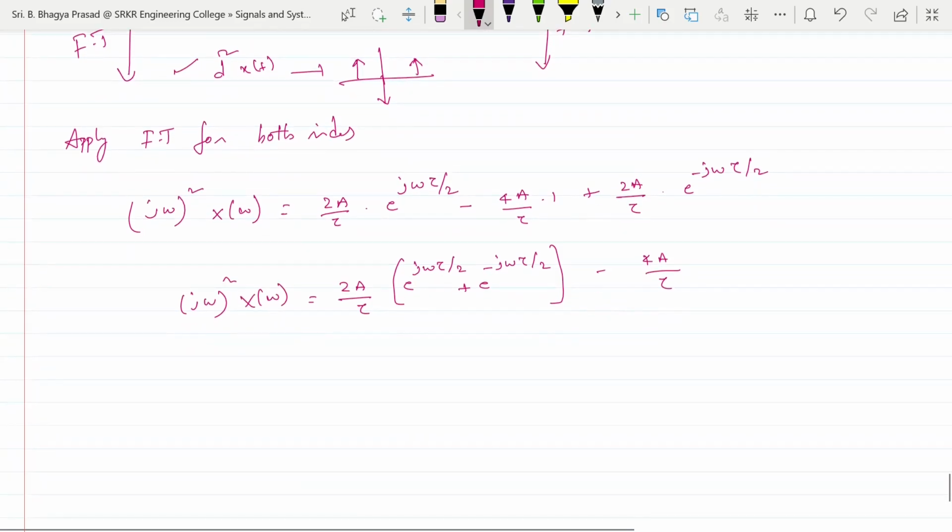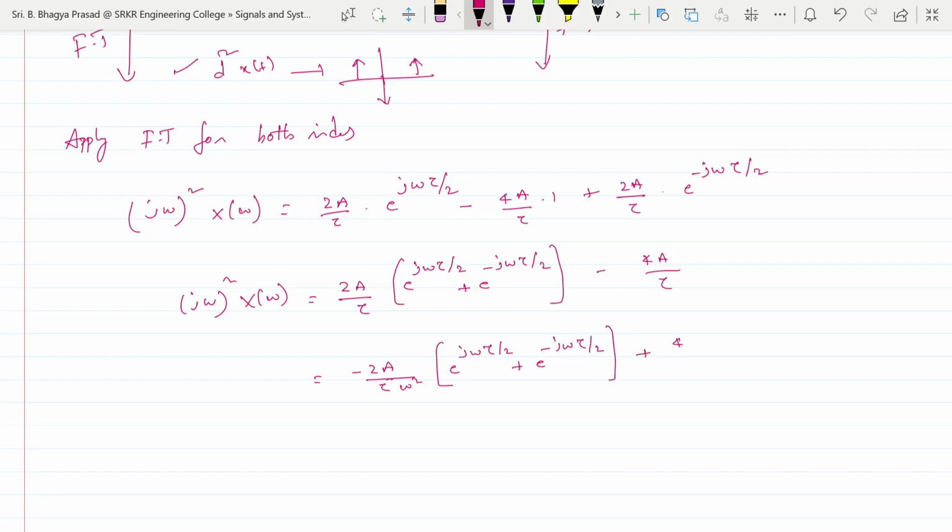So I will bring this (jω)² to the right hand side. So you will get minus 2a by tau ω squared (e^(jωτ/2) + e^(−jωτ/2)) plus 4a by tau.